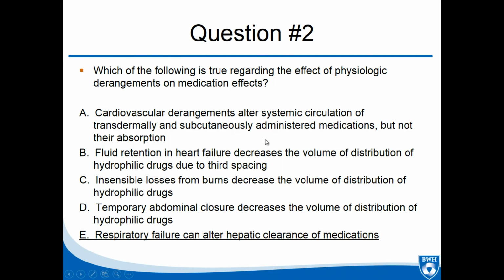It'll actually increase the volume of distribution of hydrophilic drugs due to the large added volume in this disease state. C, insensible losses from burns decrease the volume of distribution of hydrophilic drugs? It would actually increase. It would decrease the volume of distribution of hydrophobic drugs. D, temporary abdominal closure decreases the volume of hydrophilic drugs, and that's the opposite here.